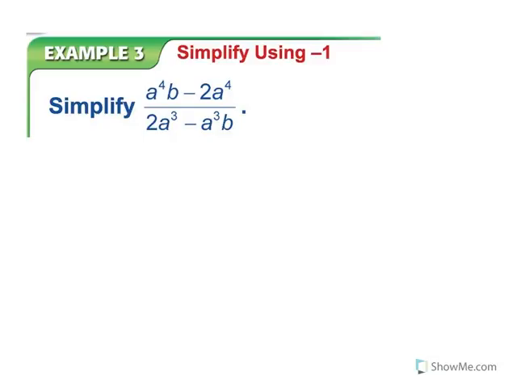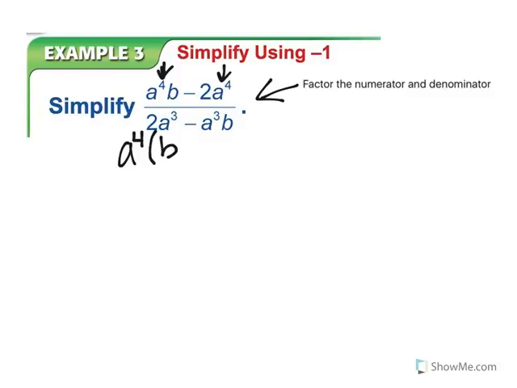Alright, so the next trick we're going to learn for example 3 is we're going to simplify by using -1. The first thing we need to do is factor the numerator and the denominator. Anytime you see rational functions like this, you always want to factor. That should be your first thought. In the numerator, I see that we have 4 a's in common. So I'm going to have a to the 4th power, and what's left is a b minus 2.